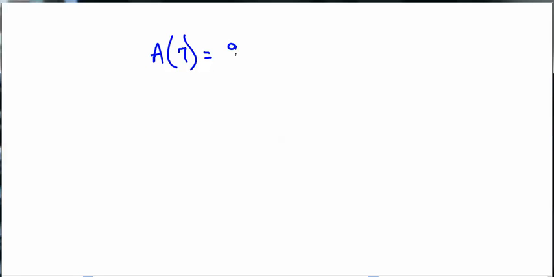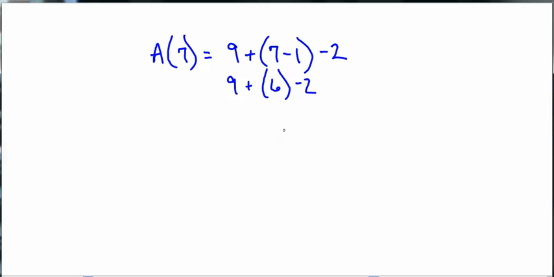First term's 9 plus the term that you're looking for, n minus 1, is 7 minus 1 times your common difference of -2. So the 7th term is going to be 9 plus 6 times -2. 9 plus -12 would be -3. So the 7th term in this sequence is equal to -3.